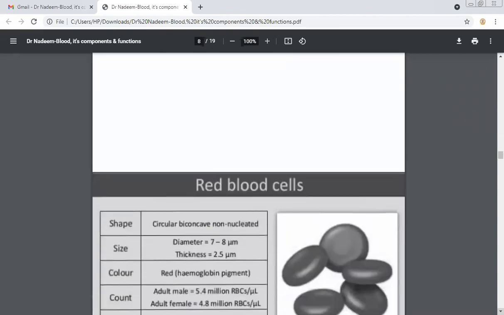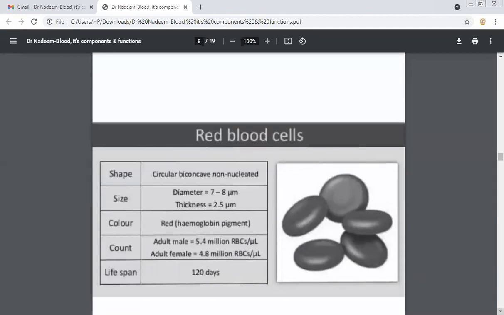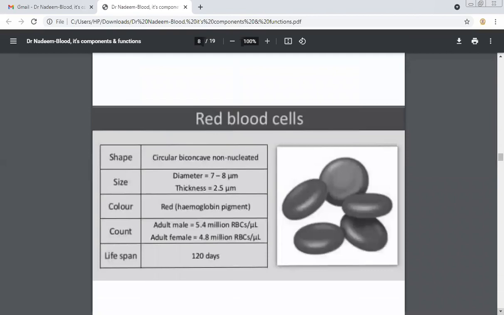Now come to the cellular part. There are two parts: cellular and non-cellular. Non-cellular I already discussed, that is plasma. Now the cellular part is divided into red blood cells, white blood cells, and platelets. Here are the characteristic properties and functions of red blood cells.